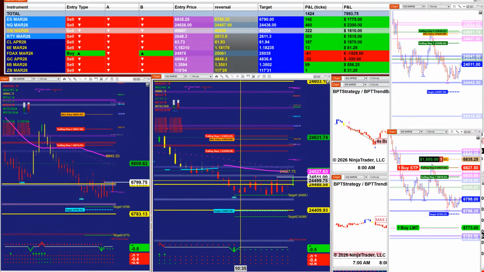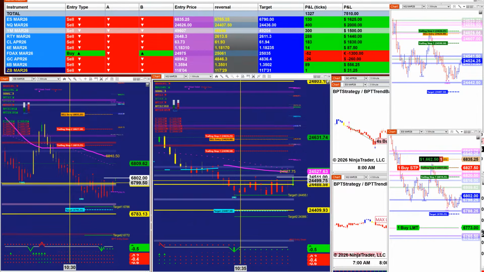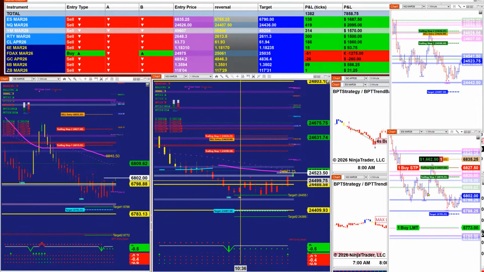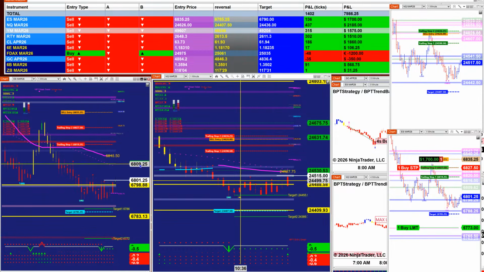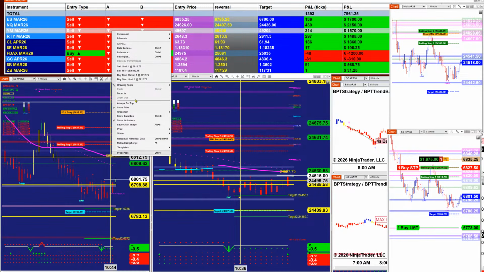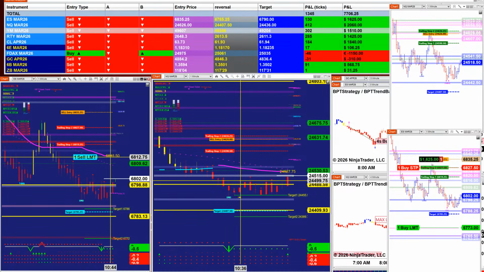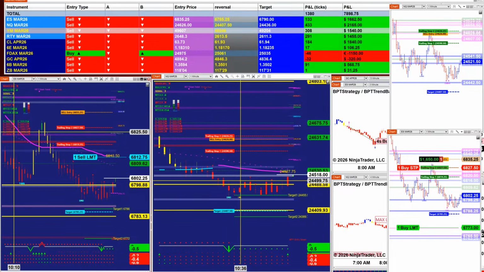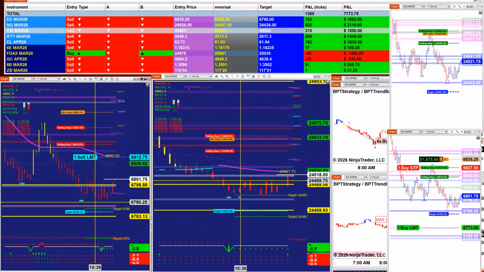Right now, technically, we have a re-entry short, but it's no longer valid because the price is very close to the yellow line. Now we have an entry in here short, but I cannot call that trade for you anymore because the market is finished to the downside.